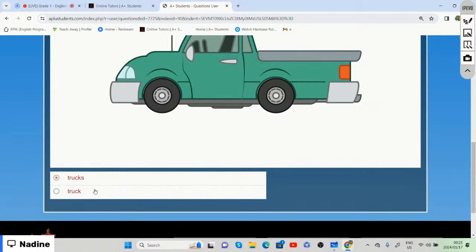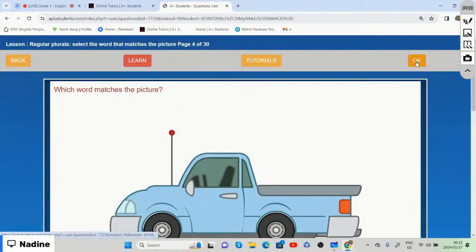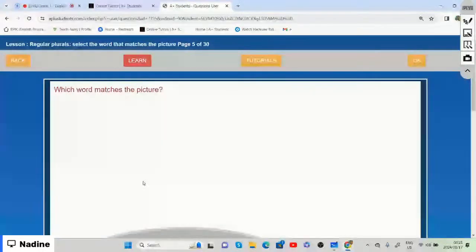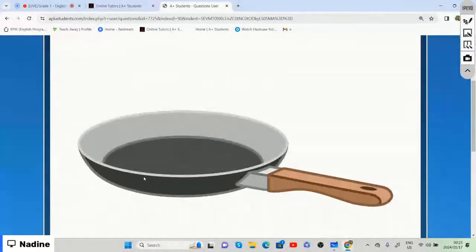And we chose trucks with an S. So one truck, two or more trucks.